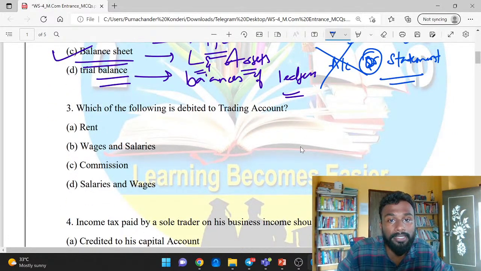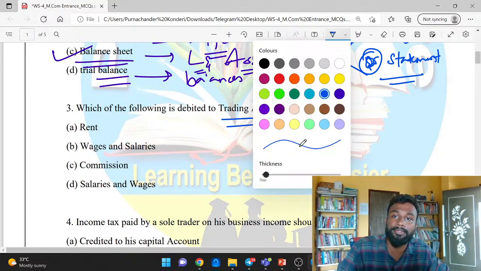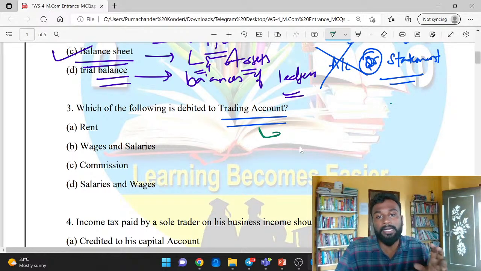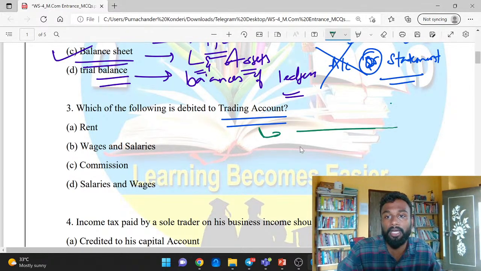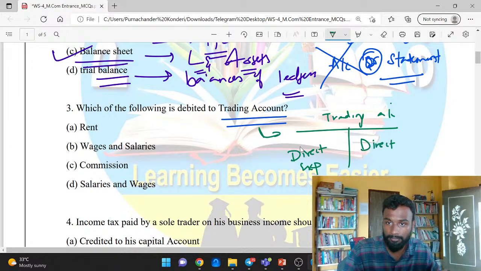Which of the following is debited to the trading account? Very much important, try to understand, guys. In the trading account, generally we debit all the direct expenses and credit all the direct incomes.